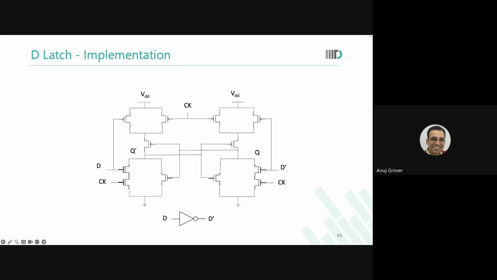Only in a rare case when CK goes to 1, one of them will transmit, the other will not. Again, even in that case, the other one is transmitting. 4 transistors, those 2 PMOSes, doing nothing. They are the first ones you kick out.